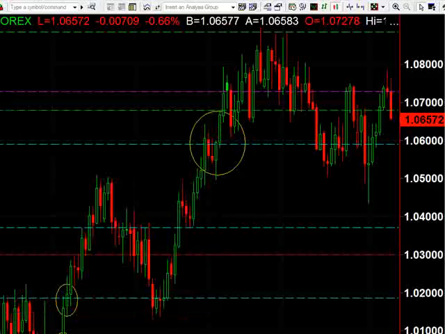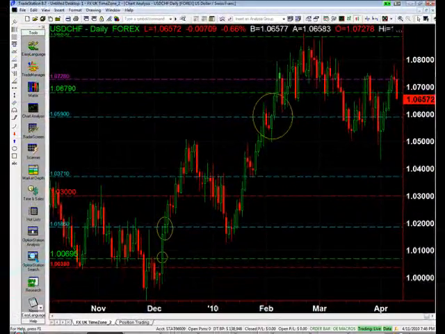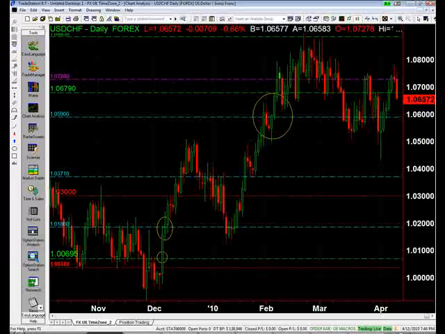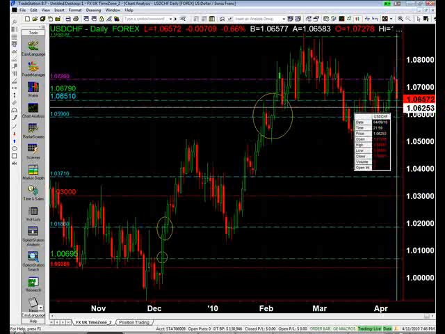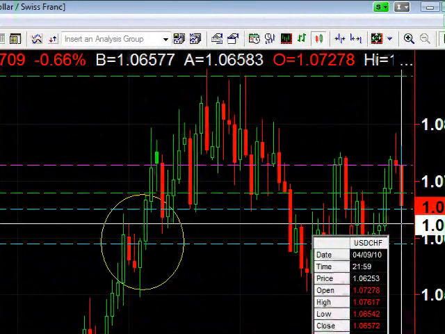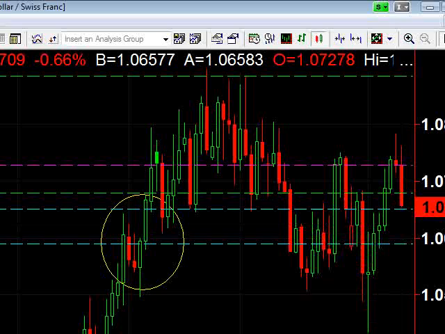So if it gets above the 106.79, we have about 20 pips away from our buying point, and our selling point is not before the 106.54.